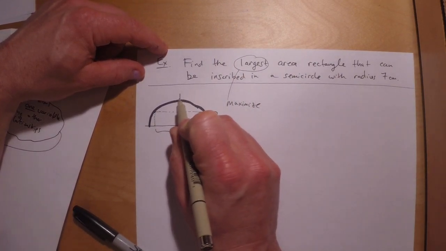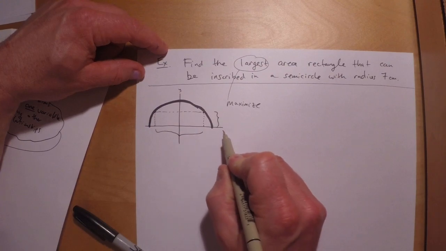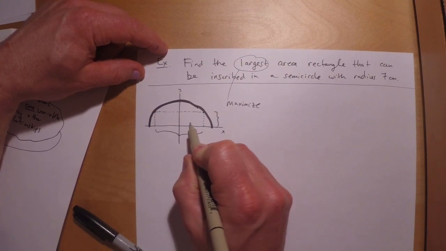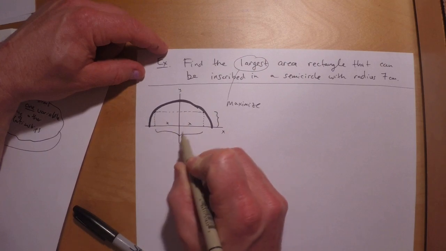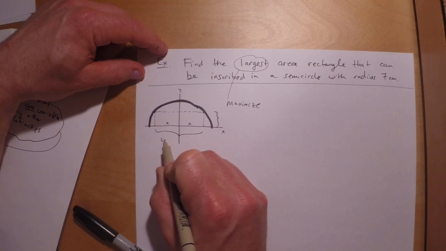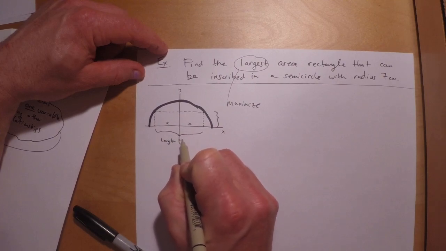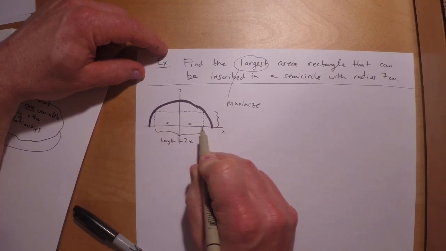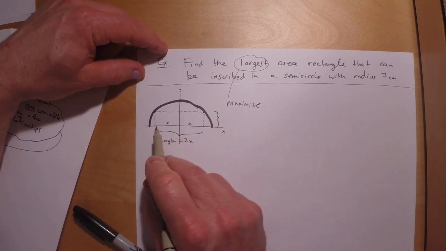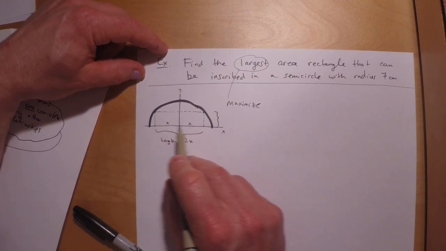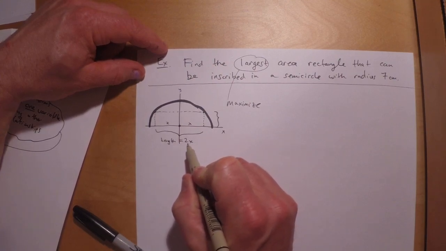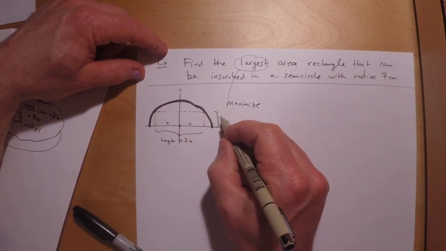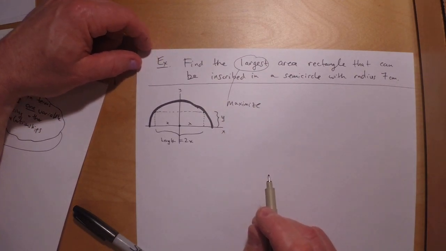Because I've got this on an XY axis, to make this easier, I'm going to call this X and this would be X as well because of symmetry. Hence this length here would be 2x, the way I've defined it. I could call that whole thing just one big X, but I like the reference to 0 to make it easier, so that's 2x. And then this here I'll call, for just obvious reasons, Y.